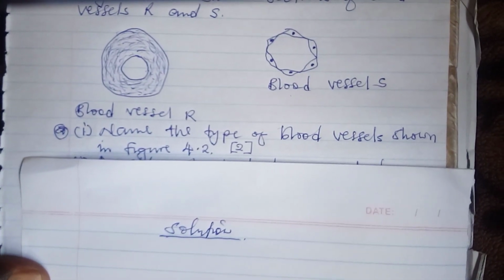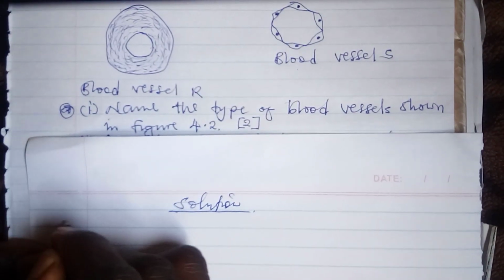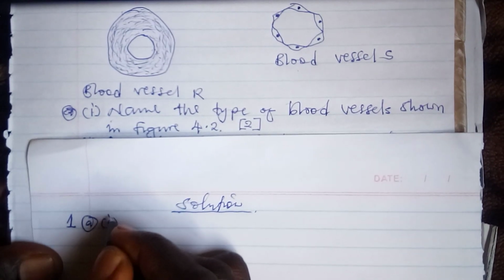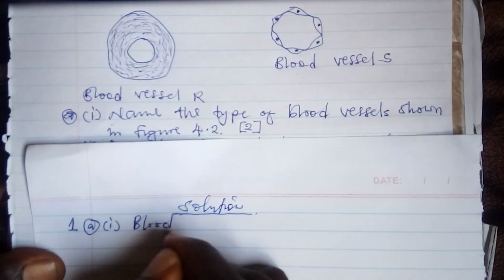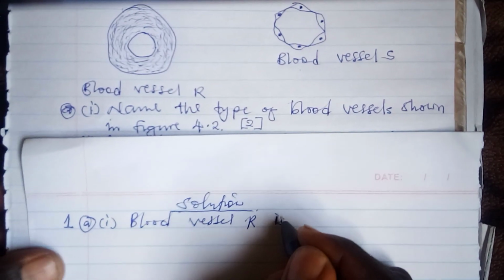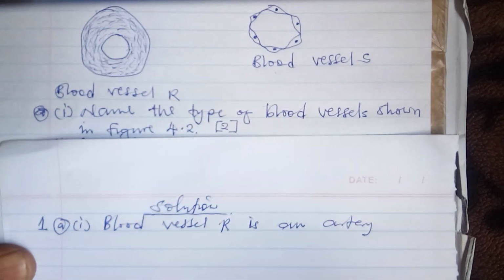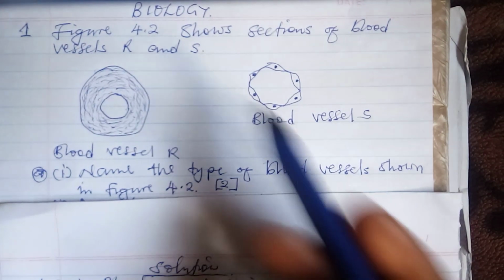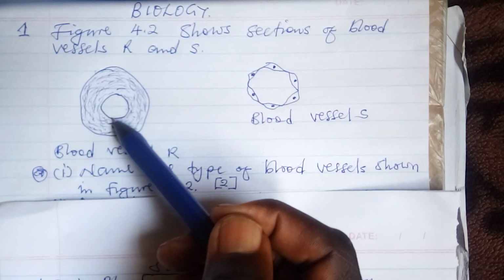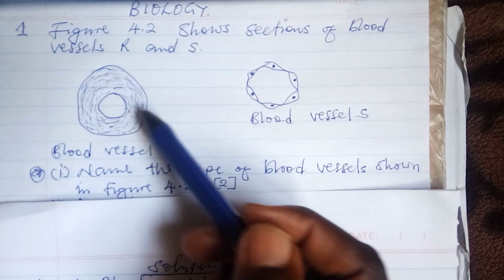So blood vessel R is an artery. So we are going to have one, that is A. So blood vessel R is an artery, having the smaller hole there with the thick muscles there.